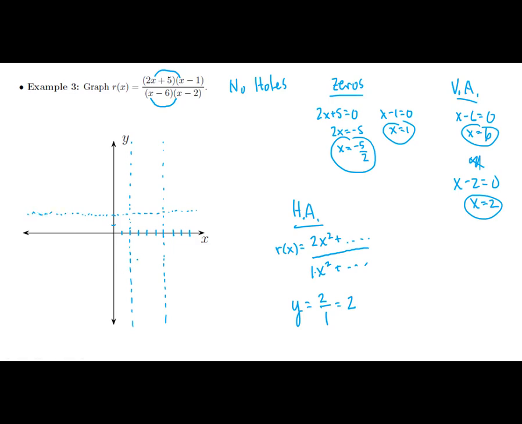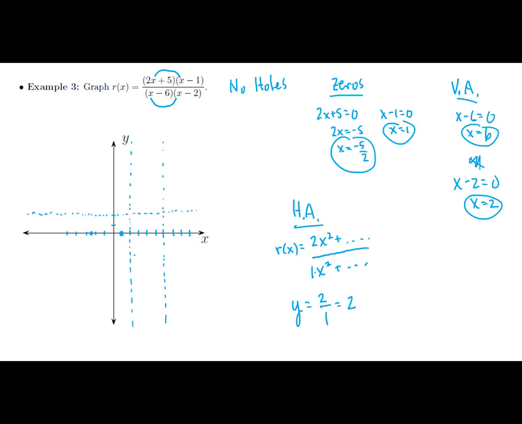Okay. And then we've got our zeros at x equals 1, so here's one right here. And x equals negative 5 halves, so that's negative 2.5. So negative 1, 2, 3. So negative 2.5 puts me right about there.